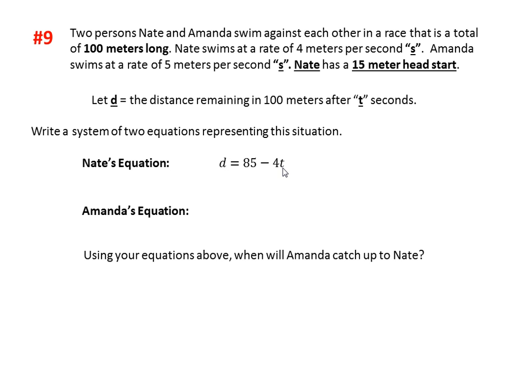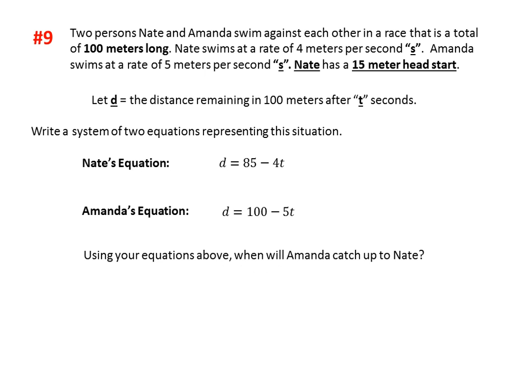If we want to know how many meters Nate has left after 10 seconds, we're going to do 4 times 10, and he will have gone 40 meters. Subtract that from 85, so he will have 45 meters left after 10 seconds. And that's what this equation right here represents. This tells us how much distance does Nate have after t seconds of swimming.